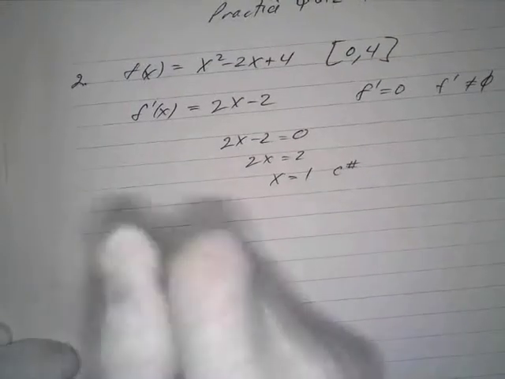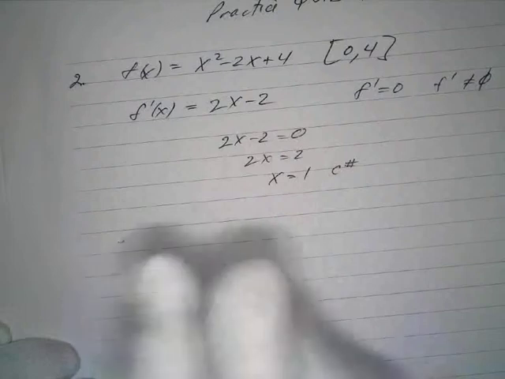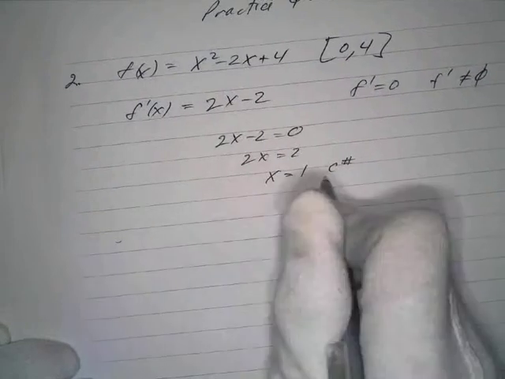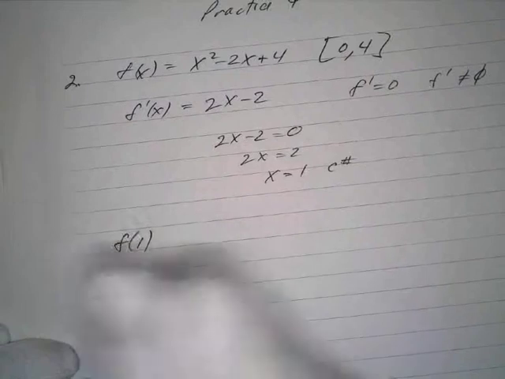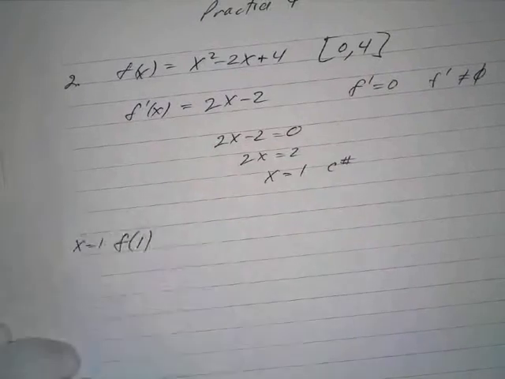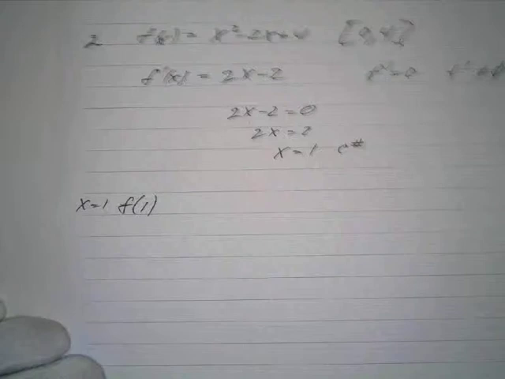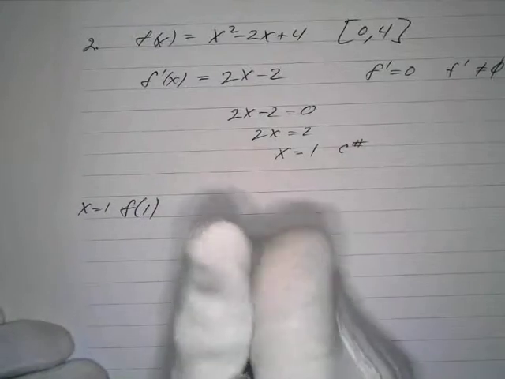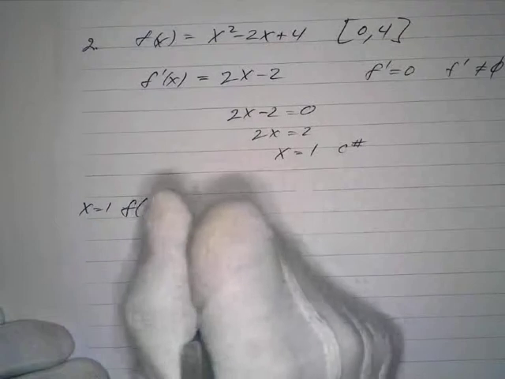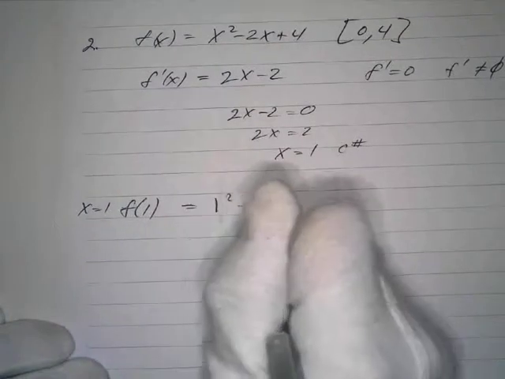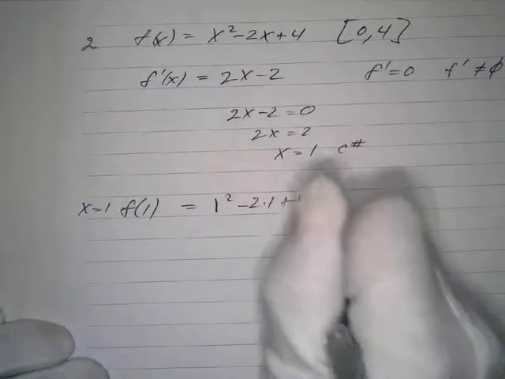So let's check the value for the critical point first. We just have to put 1 in here. f of 1 will give me the value at x equals 1, and that's the critical point, where the derivative is equal to 0. That's going to equal 1 squared minus 2 times 1 plus 4.